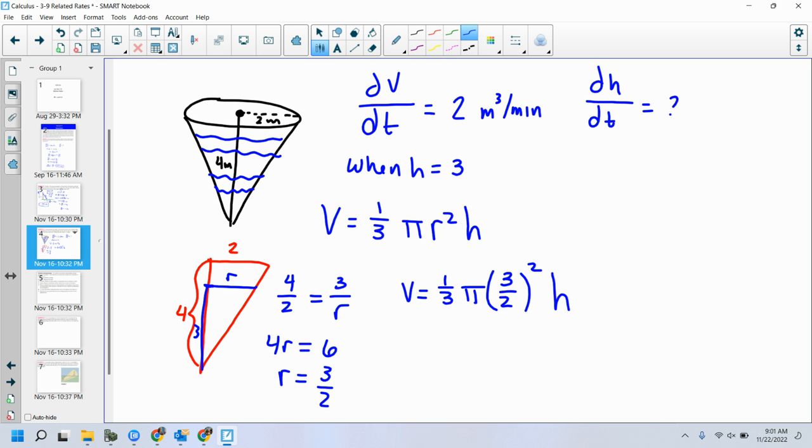I think this is going to be all right. Volume is equal to, so that means this is 9/4, right? So 9/4 times 3, 12 pi h, which is 3/4 pi h.